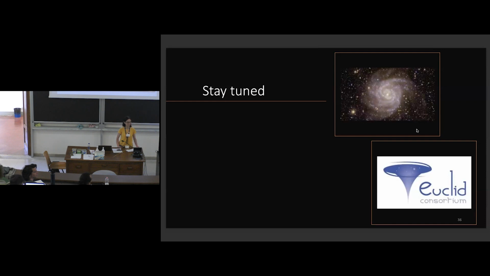To what level do you need to know these numbers in order to say that you've confirmed lambda CDM is not right, or that you've been able to differentiate between some beyond lambda CDM model and another? Is there a number? Is there a percentage?